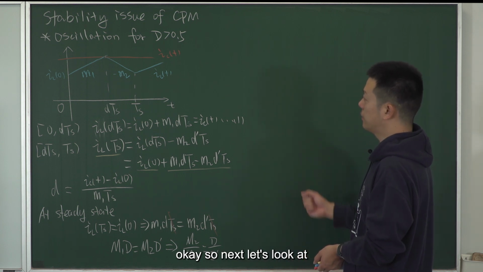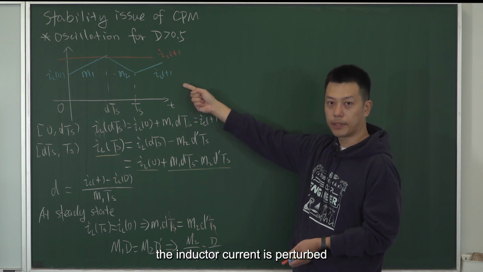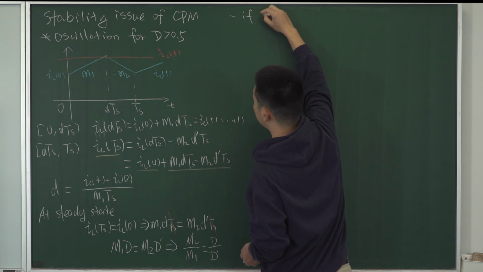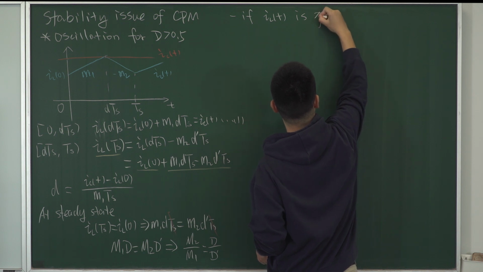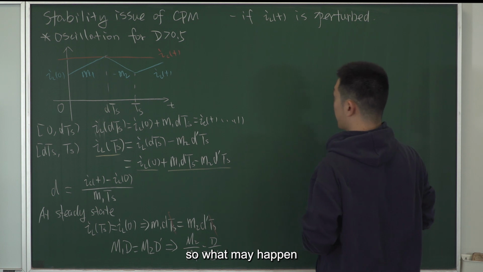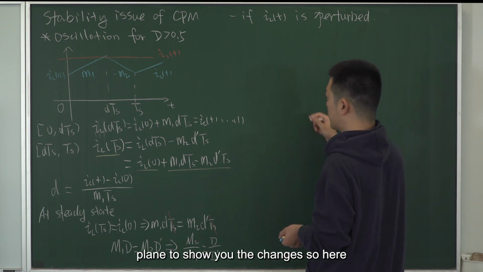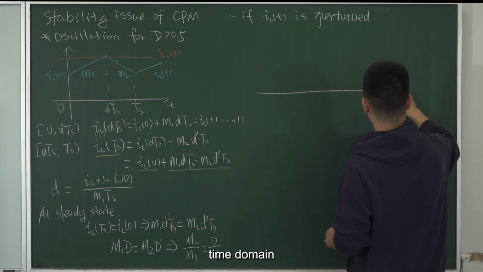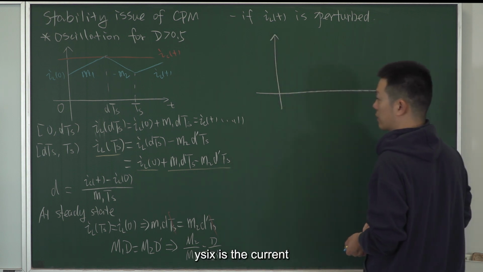Next, let's look at what if the inductor current is perturbed. What would happen? I'd like to plot a separate plane to show you the changes. Here is the time domain, and the y-axis is the currents.